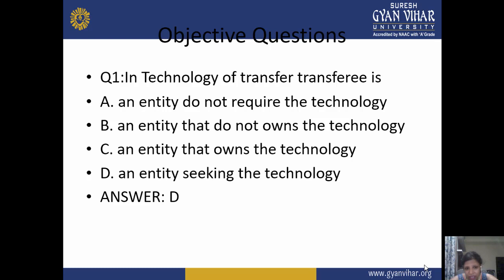The entity which is owning the technology is known as transferer, and the one which is seeking that technology is known as transferee. So D is the correct answer. In technology transfer, the transferee is an entity seeking the technology.